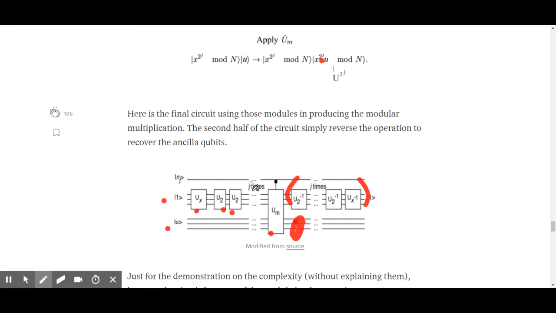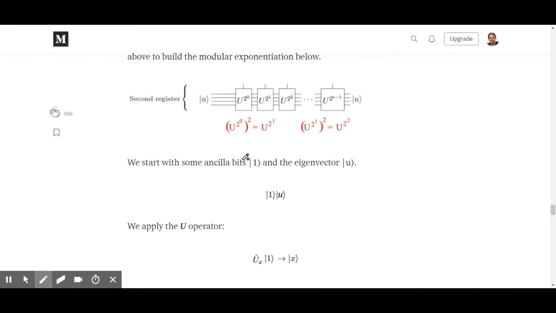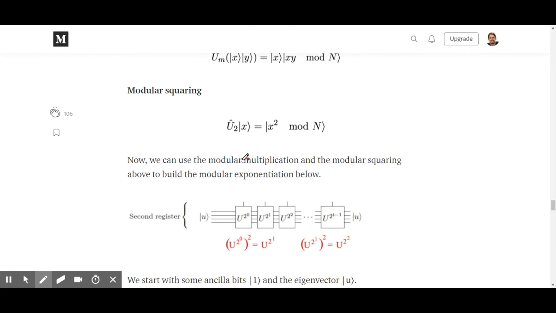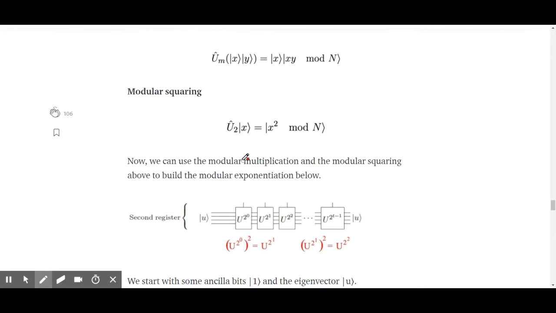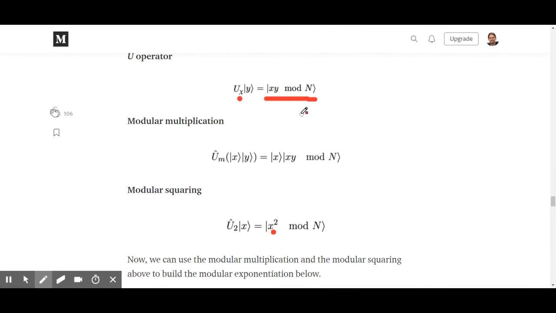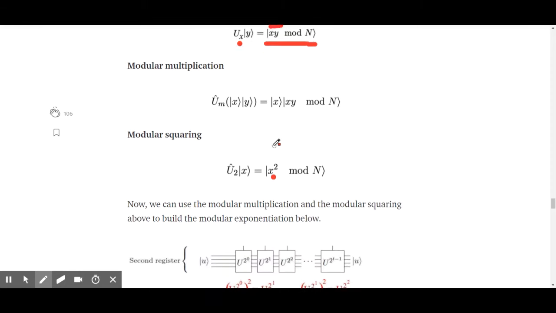Then you apply j times the one that makes the exponential part. But why? Okay, modular squaring. So you're squaring this.